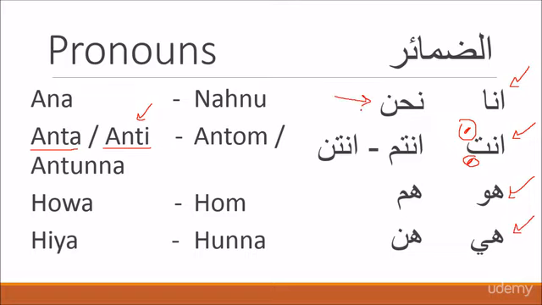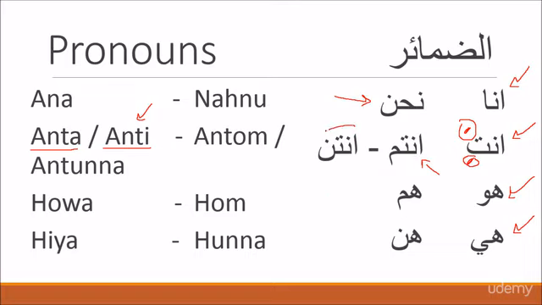nahnu is we, antum is you all, and this works for groups of people. It doesn't matter if they are male or female, both can work. If you are saying antum, that means you are talking about this group, whether it's a group of females or a group of males.